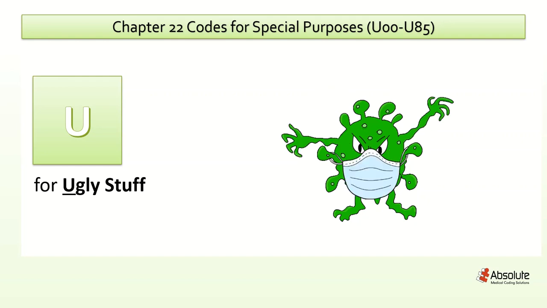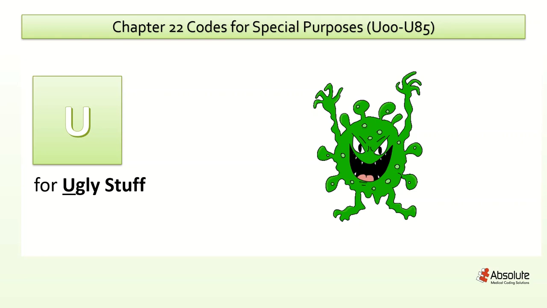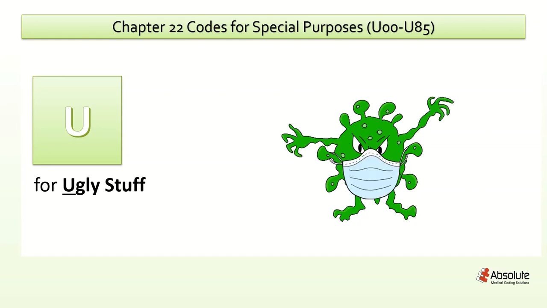That means I'm getting a little tired. U and 22 do rhyme, but this chapter is for codes for special purposes. Code series U00 through U85. And U is for ugly stuff. And coders, there are only two conditions that fall in this category.